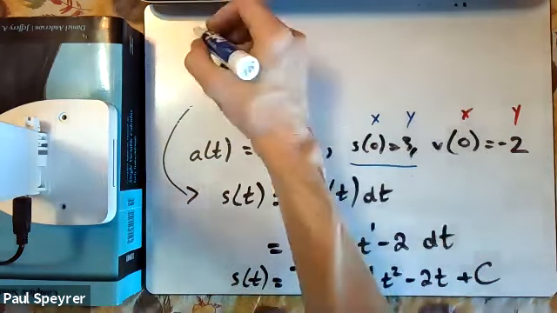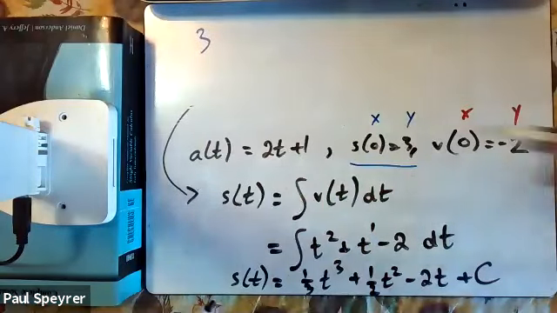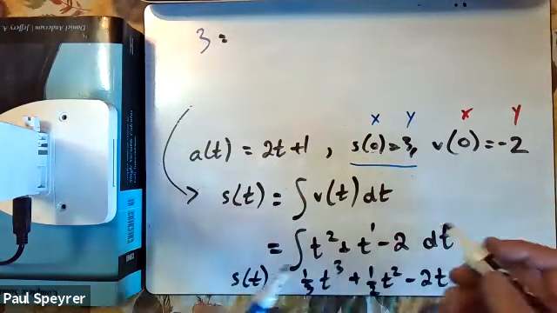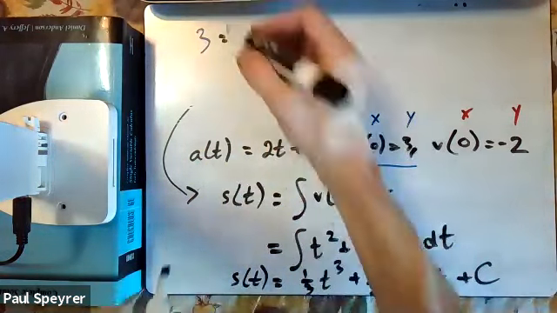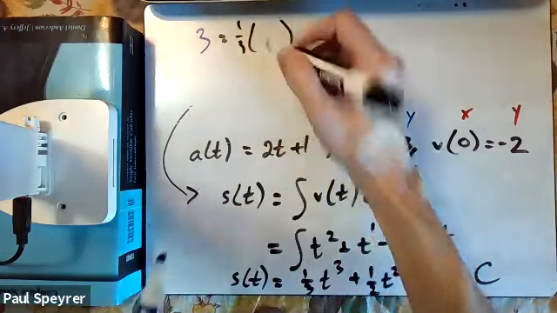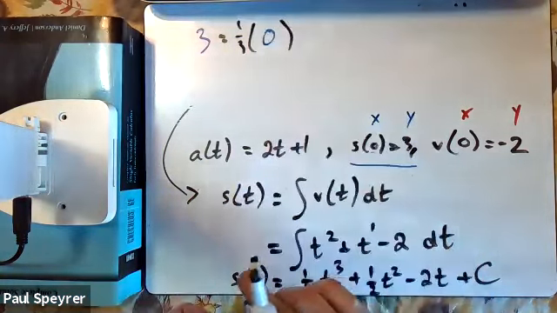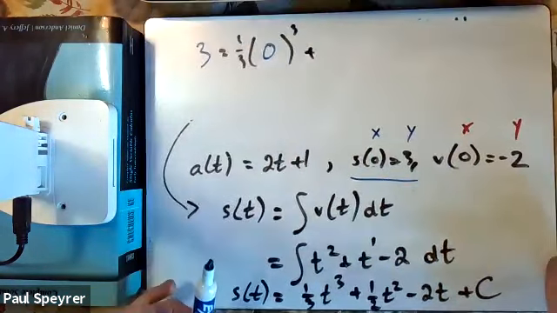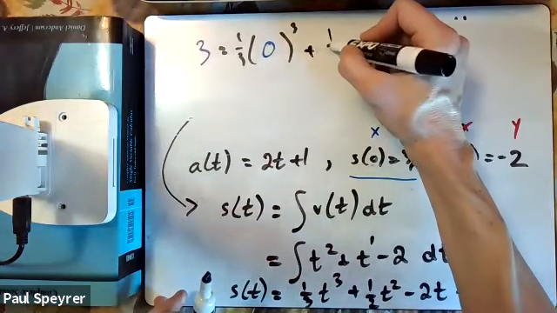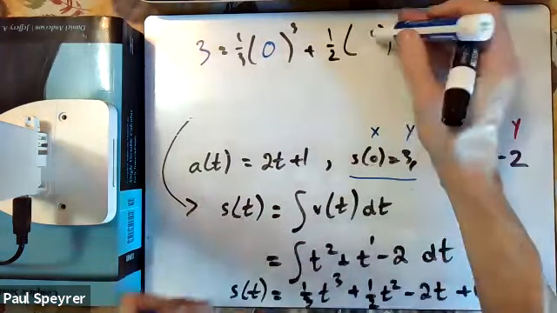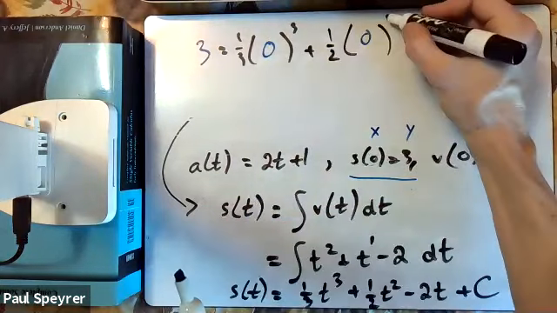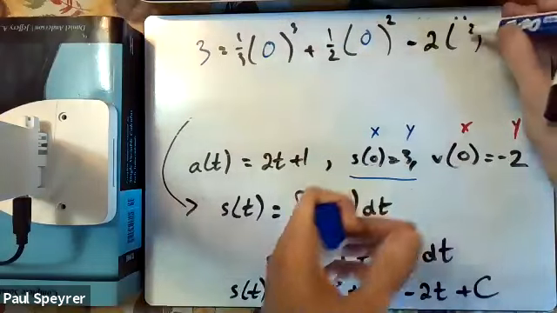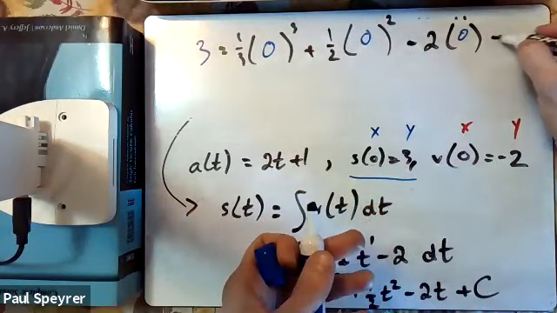So now we're going to say 3 equals, and I'm going to throw 0 in for all these t's right here on the right side. So we're going to have 1/3 times 0 cubed, plus 1/2 times 0 squared, and then negative 2 times 0, plus c.